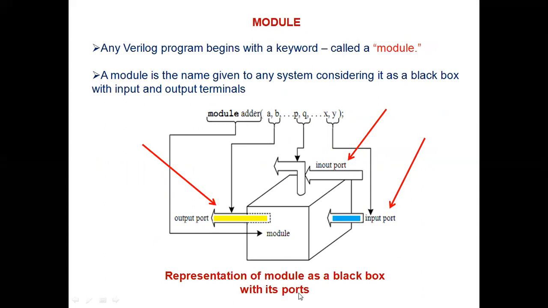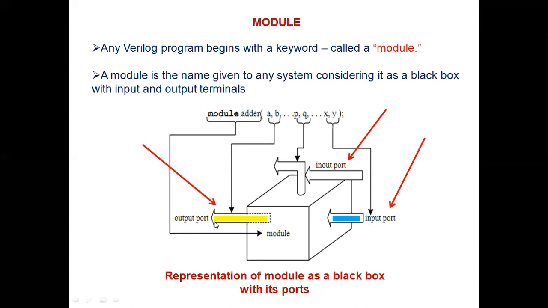Next, you see the representation of a module as a black box with its ports. Port means terminal. Look at this picture. How many ports do we have here? Three ports: input port, output port and in-out port. Input port means any signal that is entering into this module.